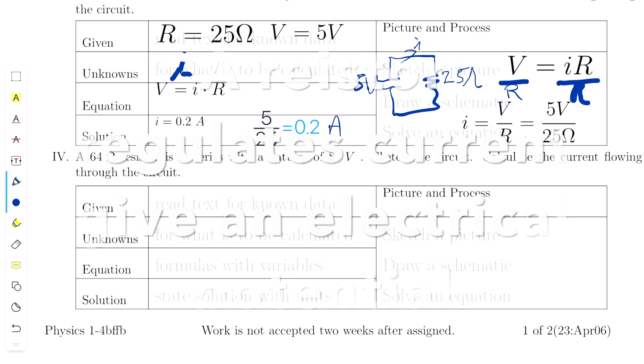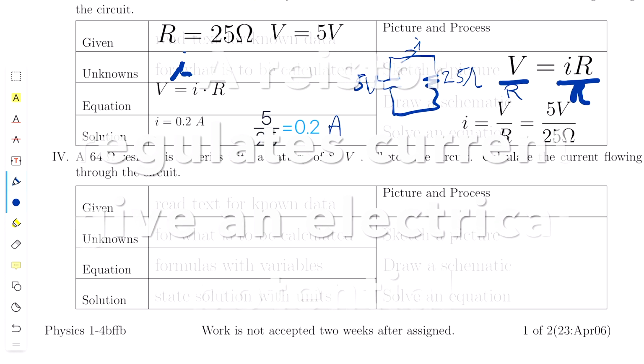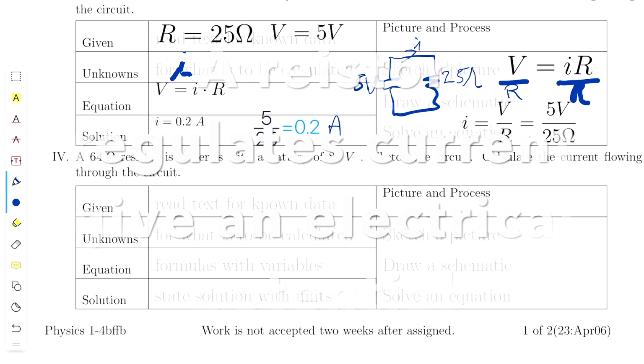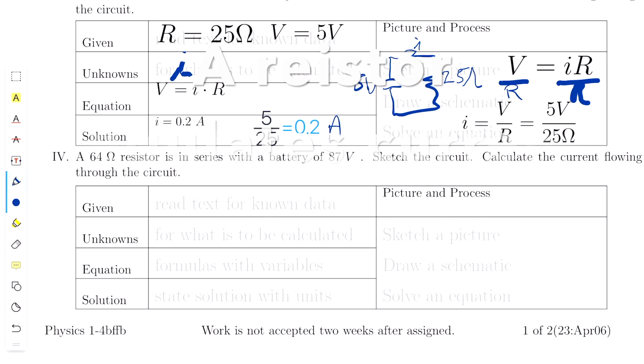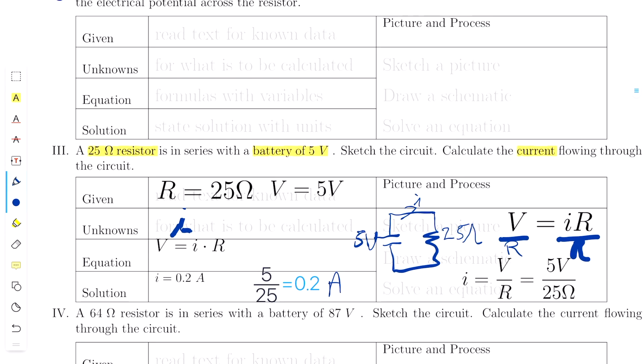When we have a battery and a resistor, a current is generated. The resistor is used to regulate the current. The current flows through the resistor. The potential is across the resistor. Through and across are the two words that you need to know.